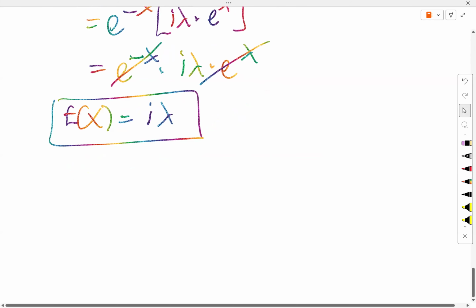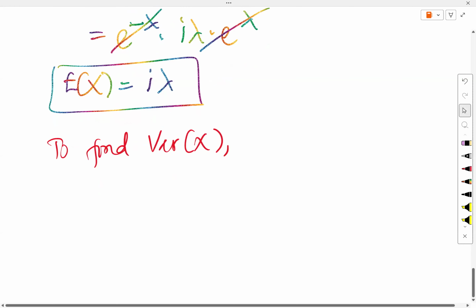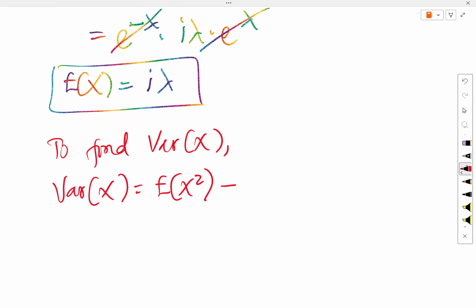Also we want to find the variance of x. Again, the variance of x is taken as the expectation of x squared minus the expectation of x all squared.